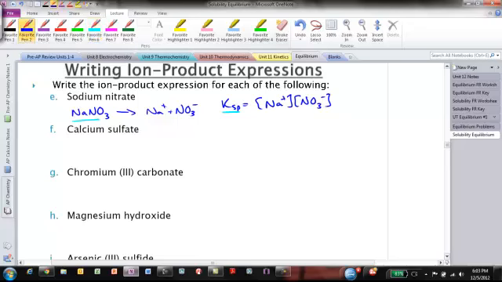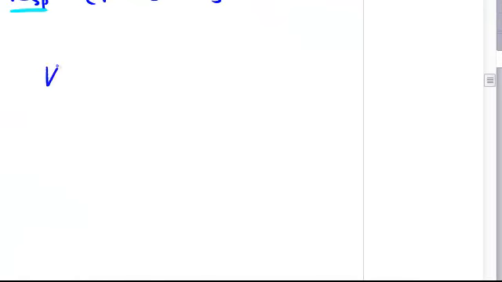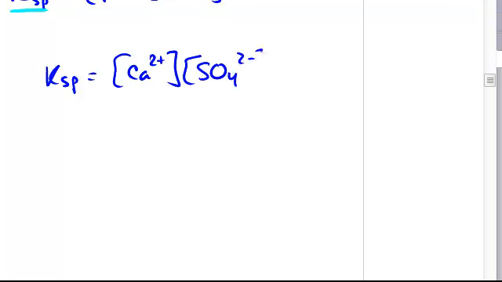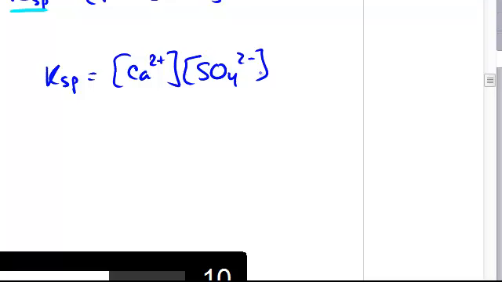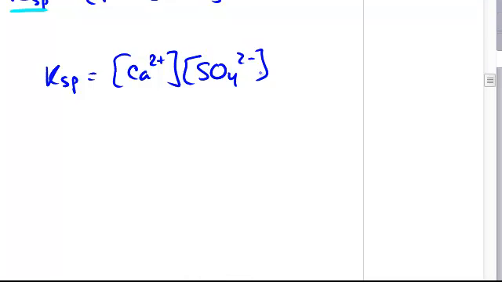So you'll never see us working with this. Then calcium sulfate is CaSO4, goes to Ca2 plus and SO4 2 negative, and Ksp is Ca2 plus times SO4 2 negative. Since these are always solids dissolved in some water, these are always concentrations. You are never going to work with pressures when dealing with this.